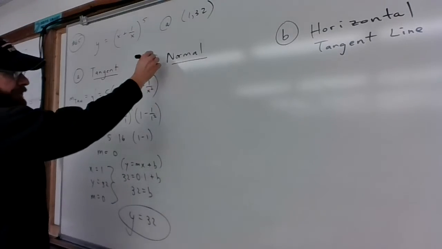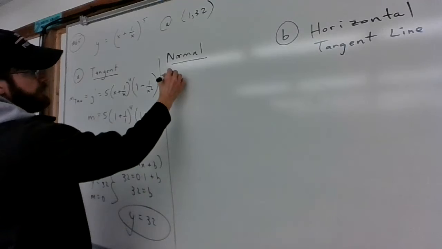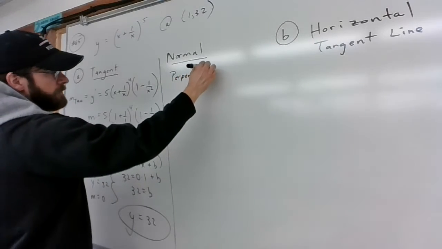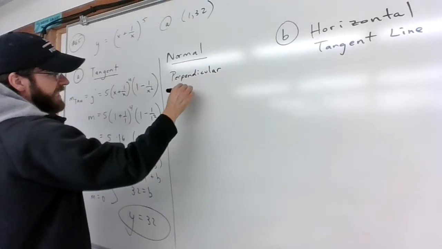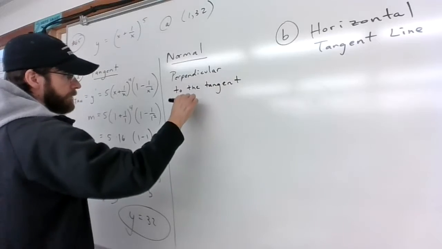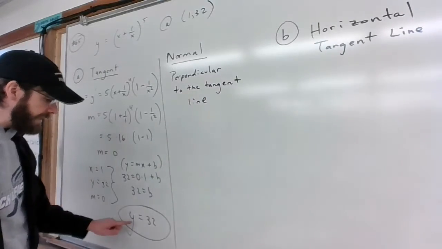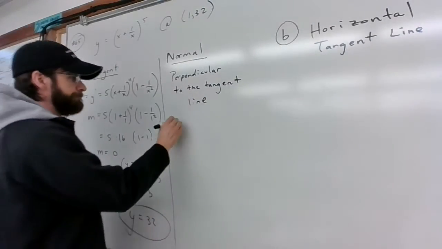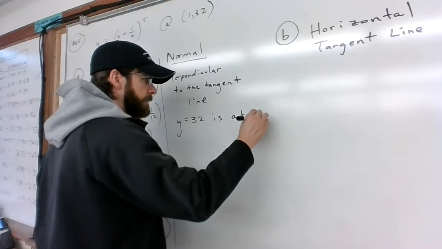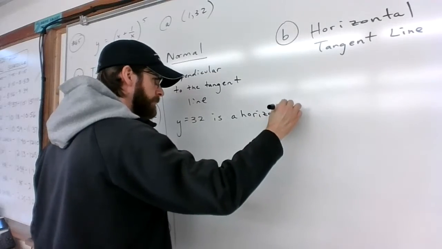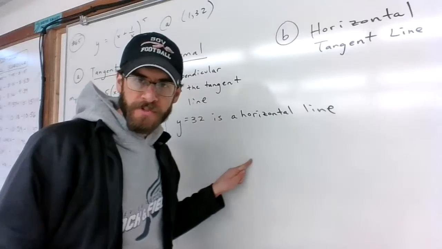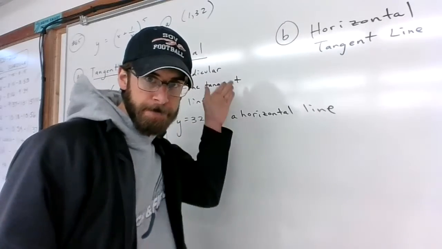The normal line, if you recall, is perpendicular to the tangent line. Y equals 32 is a horizontal line. What kind of lines are perpendicular to horizontal lines? Vertical lines.